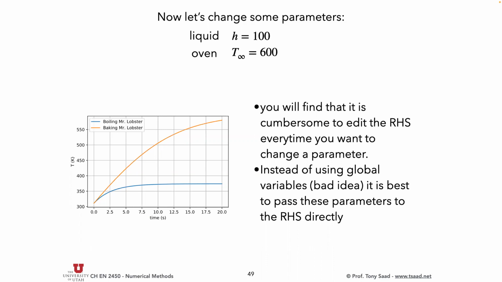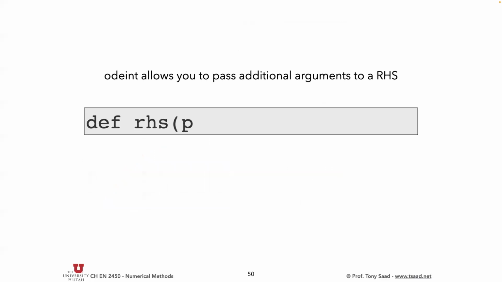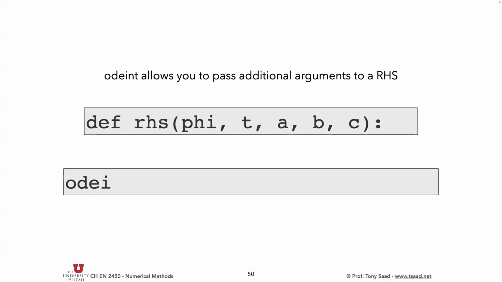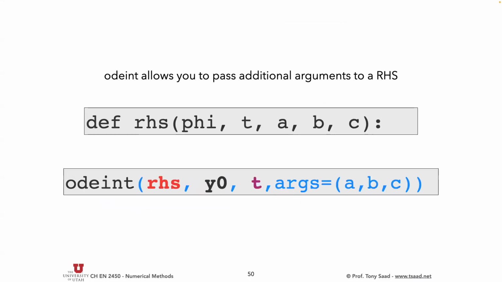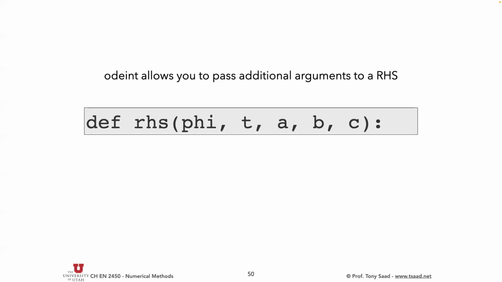But in reality, you should pass as much as you can as function arguments to allow for the most flexibility in manipulating parameters. So ODE int allows you to do that. So remember that, those 3 dots in ODE int. So now imagine my right-hand side always has to start with phi and t, because that's what ODE int requires me.